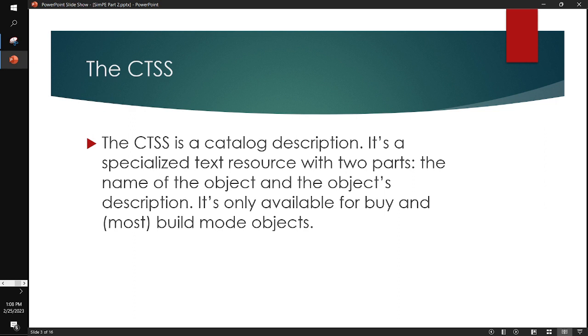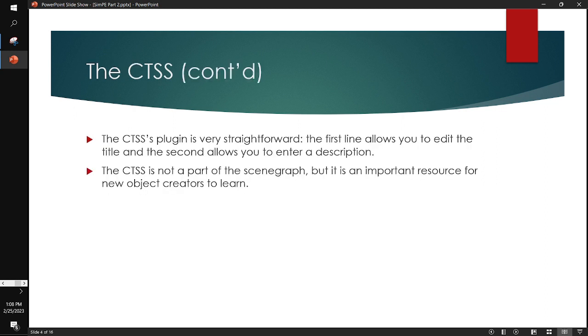It's a specialized text resource with two parts: the name of the object and the object's description. It's only available for buy and most build mode objects. I put that little caveat because we will go into that with the other file that's in the resource thread.